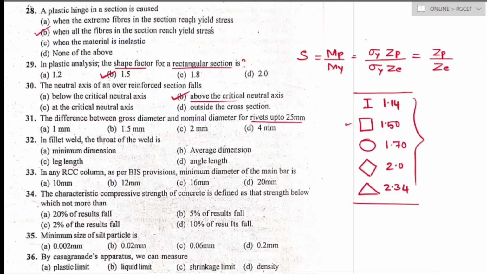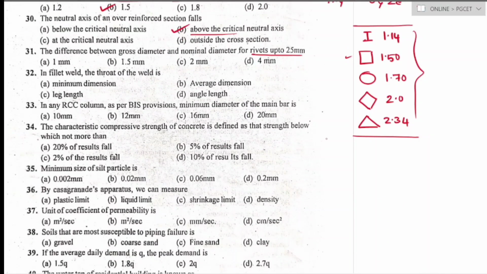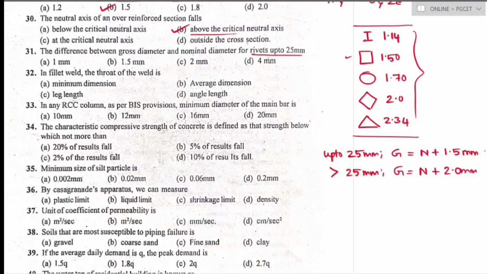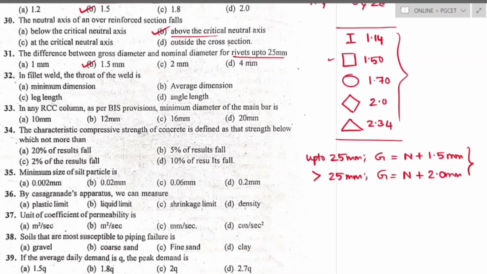As per IS 800-2007 codal provisions, for rivets up to 25 mm, gross diameter is equal to nominal diameter plus 1.5 mm, and for rivets greater than 25 mm, gross diameter is equal to nominal diameter plus 2 mm. So the right answer is option B for rivets up to 25 mm.